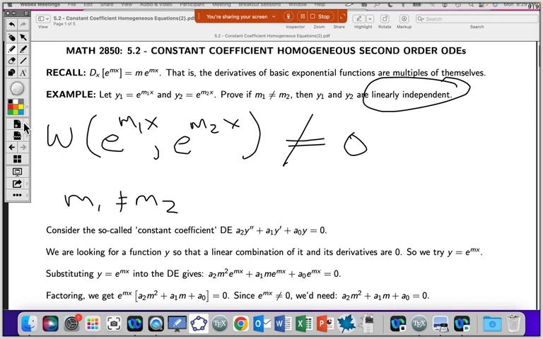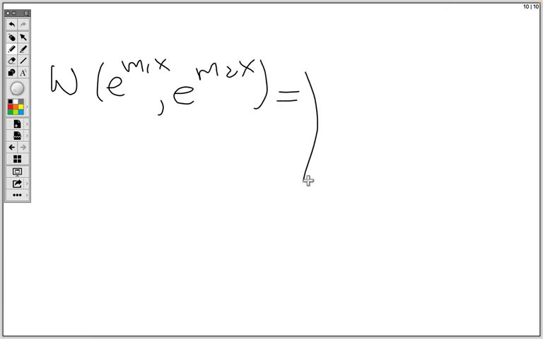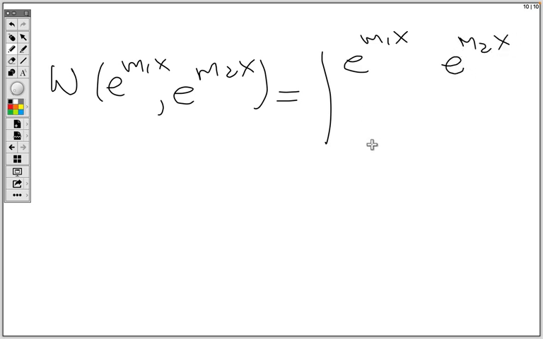Let's go ahead and do that. Remember how we calculate the Wronskian from last week. You put the functions in the first row and their derivatives in the second row.